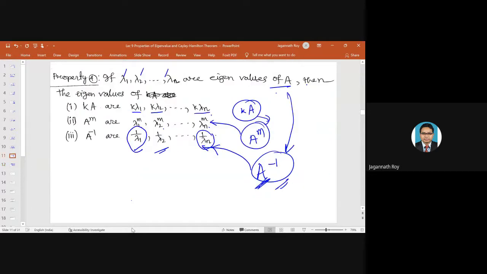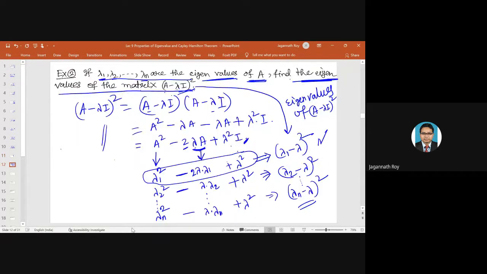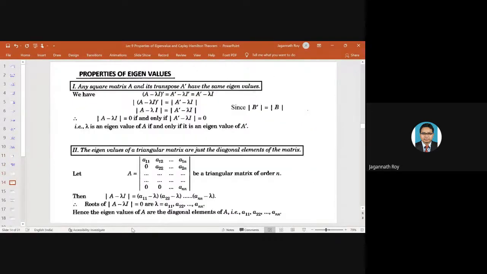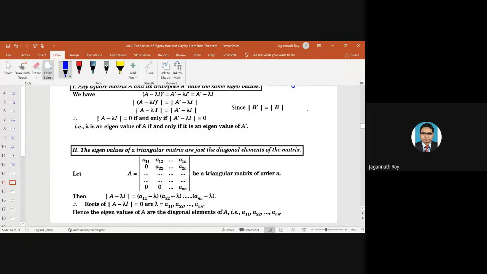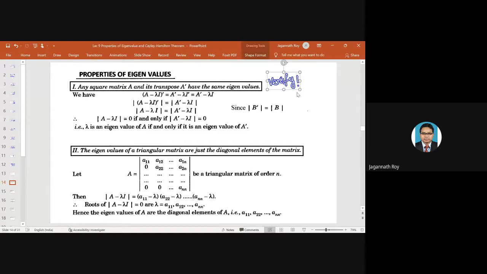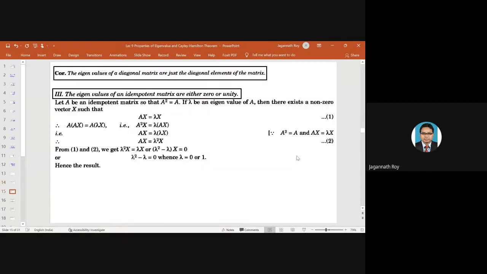Just use these formulas and you will get the results. Now there is another important theorem. These properties I have already discussed, so I would recommend that you study and verify the results.